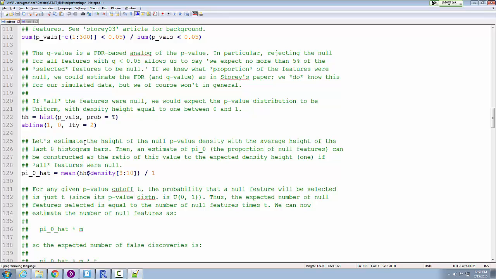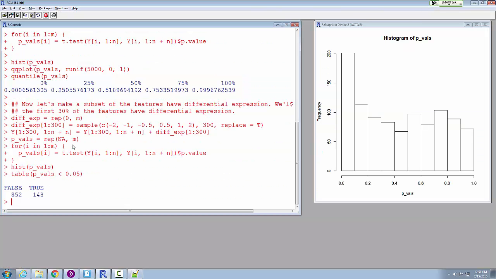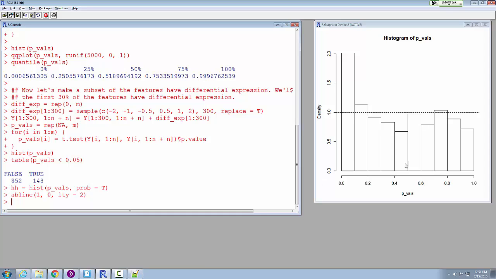The key there, here's the histogram we're going to look at. It needs to be a probability histogram, not a frequency histogram. It looks qualitatively the same, but now it's scaled so that it looks comparable to a probability distribution or density function. The dashed horizontal line is at 1.0.